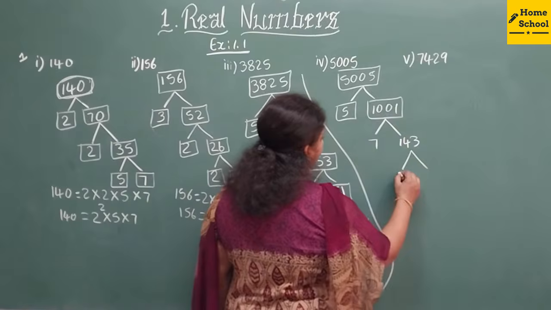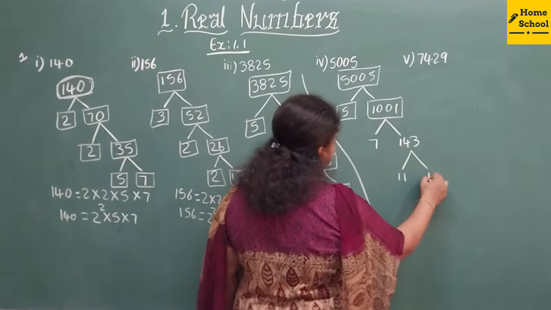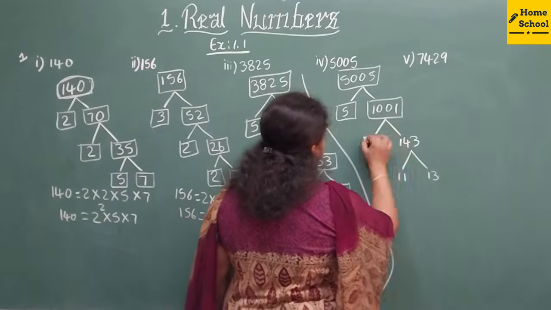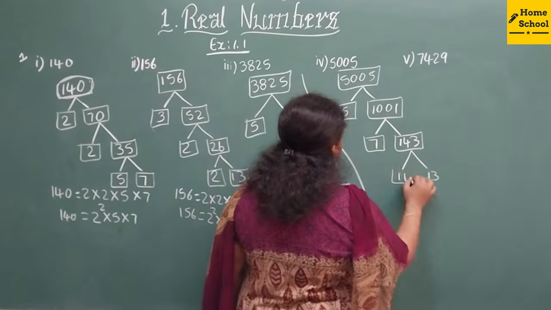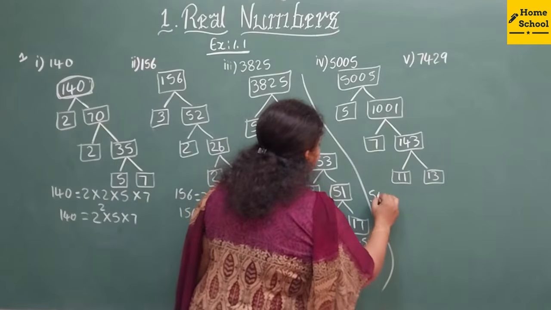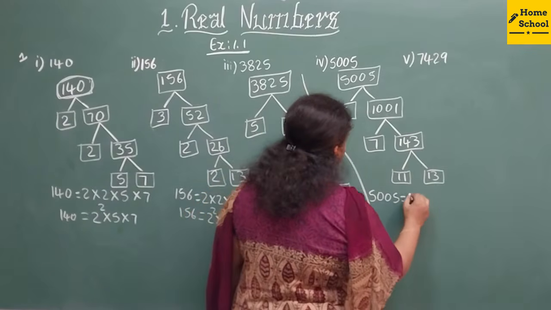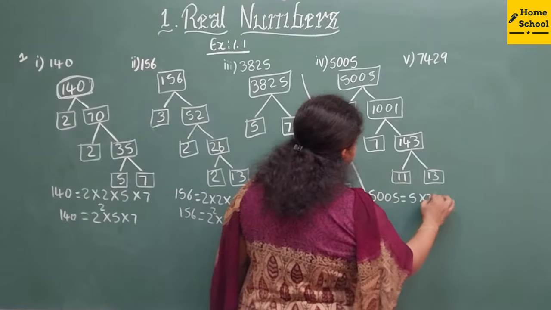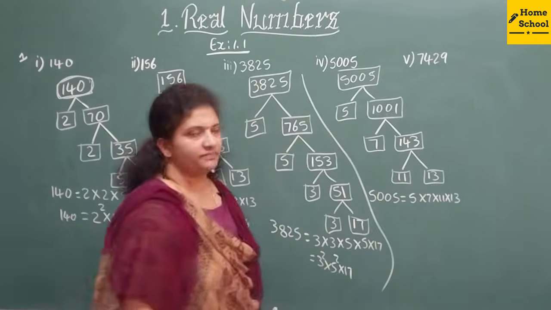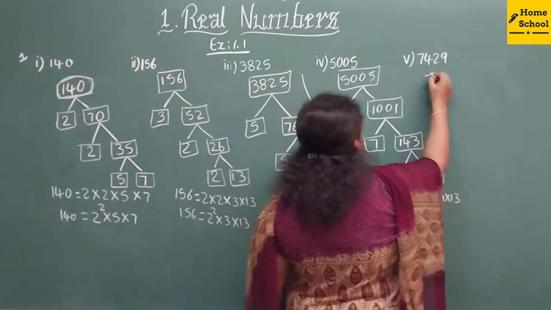Here 143: 11 ones are 11, 3 left, 33, 11 threes are 33. Okay. So what are all the prime factors here? 5005 is equal to 5 into 7 into 11 into 13. That's it. Next one.